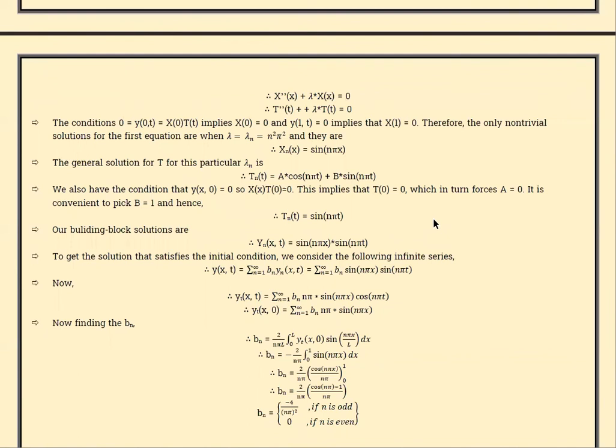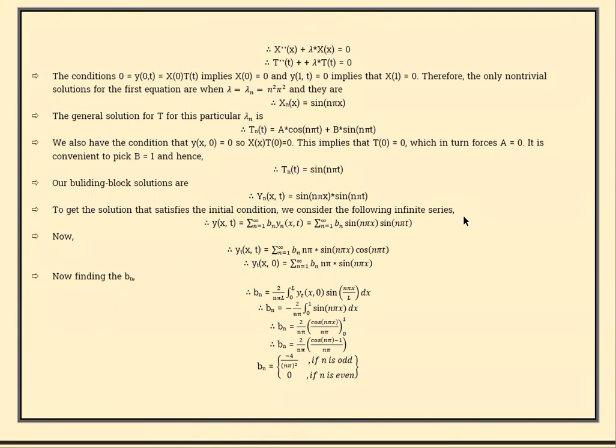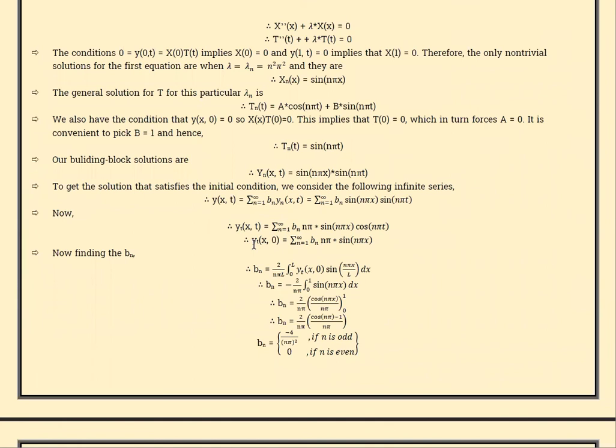So from our original assumption, we get yn of x comma t equal to sine n pi x into sine n pi t, and using an infinite series we can write y of x comma t as the summation of n equal to 1 to infinity of bn into yn of x comma t, as given follows. So from that we get the equation.